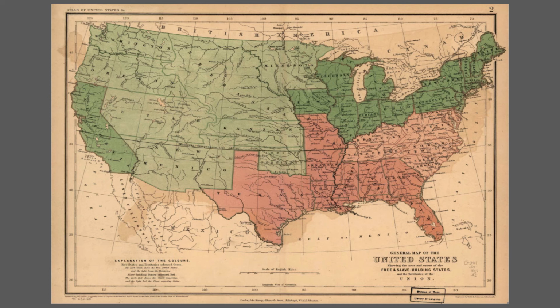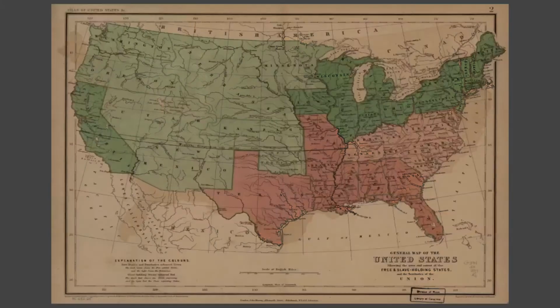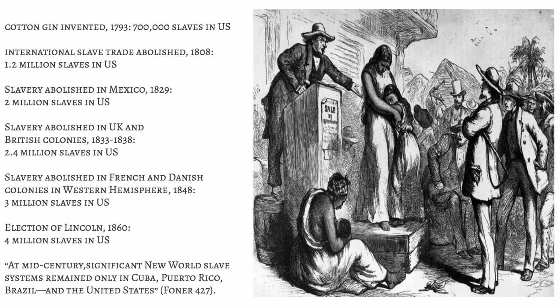Mexico is going to abolish slavery in 1829, and then beginning in the 1830s, starting in 1833, the British have ended slavery, right? Abolished it. So you have northern states that don't have slavery. You have the slave trade abolished. You have Mexico.